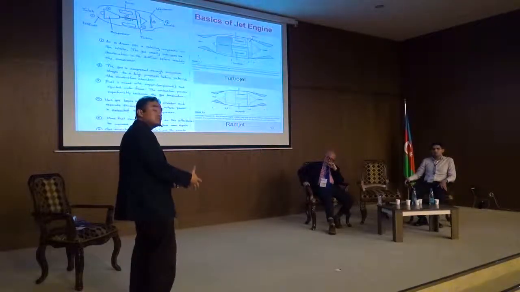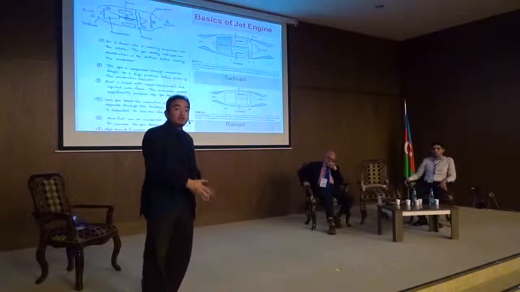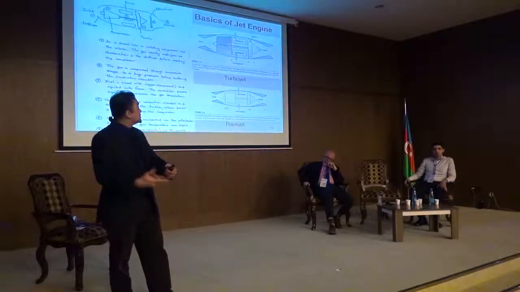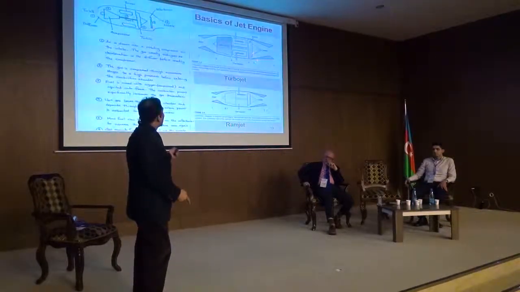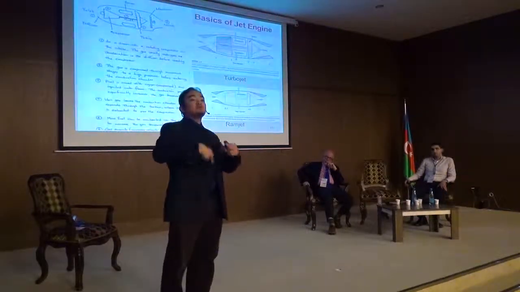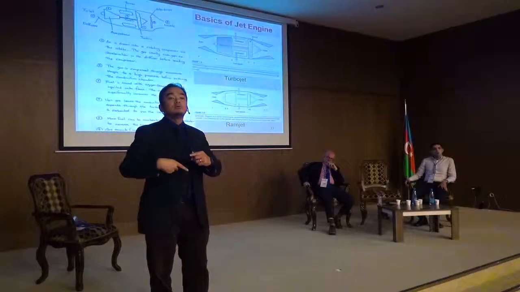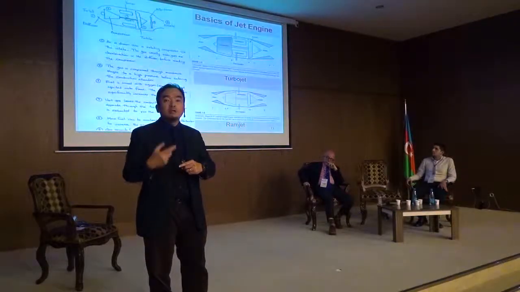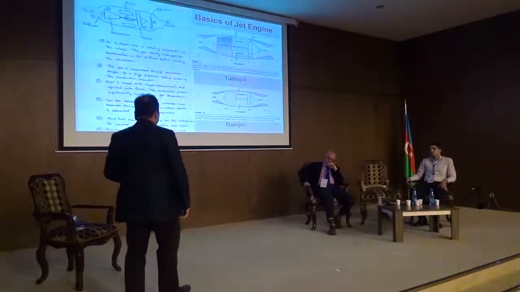Then we compress the air, make it ready for combustion, and we combust it. Then we have the turbine expanded so that the turbine can be rotated by the action of the mechanical work.